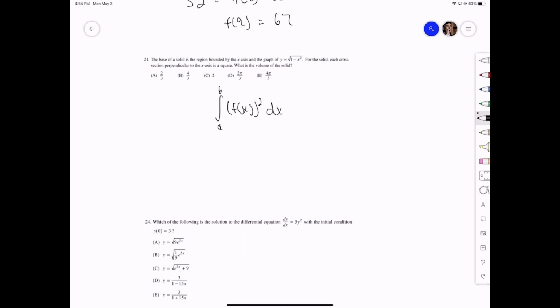Well, first of all, I noticed that this is the area of a semicircle with the radius of 1, so I know that it's from -1 to 1. So -1 to 1, and then square the square root, you just get 1 minus x squared dx. So that's x minus x cubed over 3, from -1 to 1.